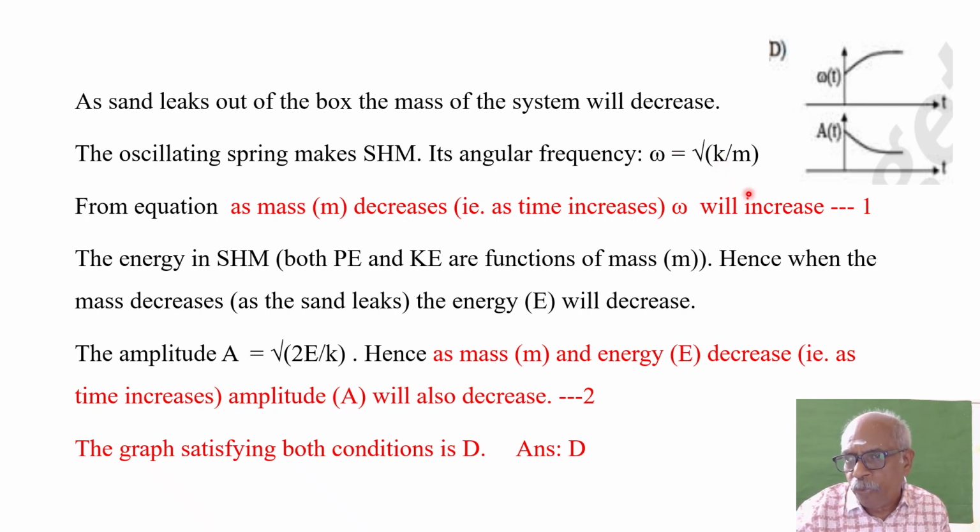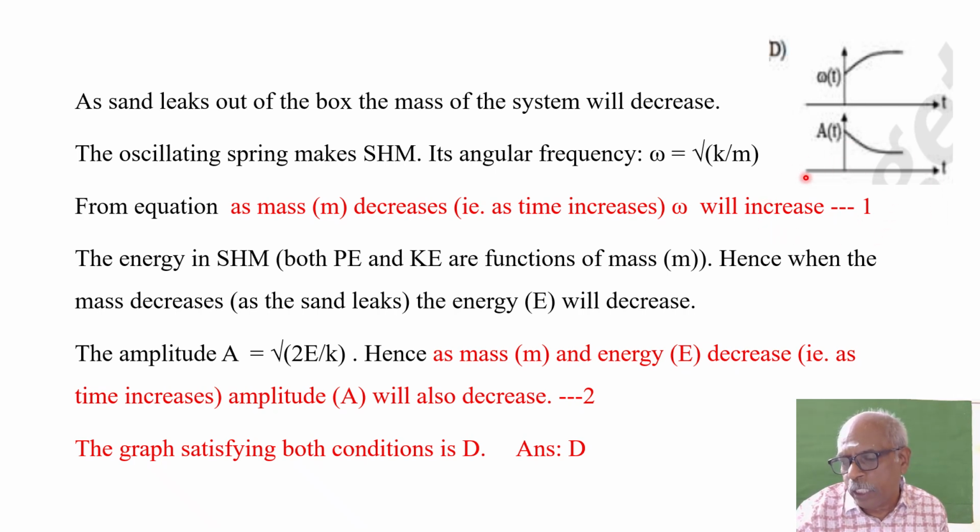It means omega is inversely proportional to square root of mass. So as time increases, mass decreases, and according to this equation, omega will increase. As per the graph, as time increases, omega will also increase.